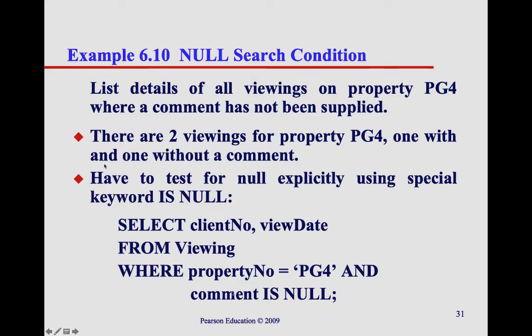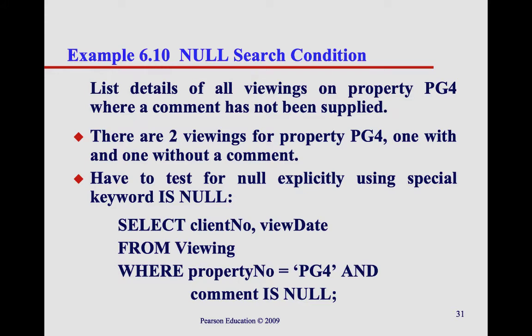Okay? Got that? Don't say where comment equal null. Say where comment is null. I don't know why they made it that way, but they did. If you say where comment equal null, it won't work right. If you put any regular operator like equal or minus with null, then it becomes null by default.